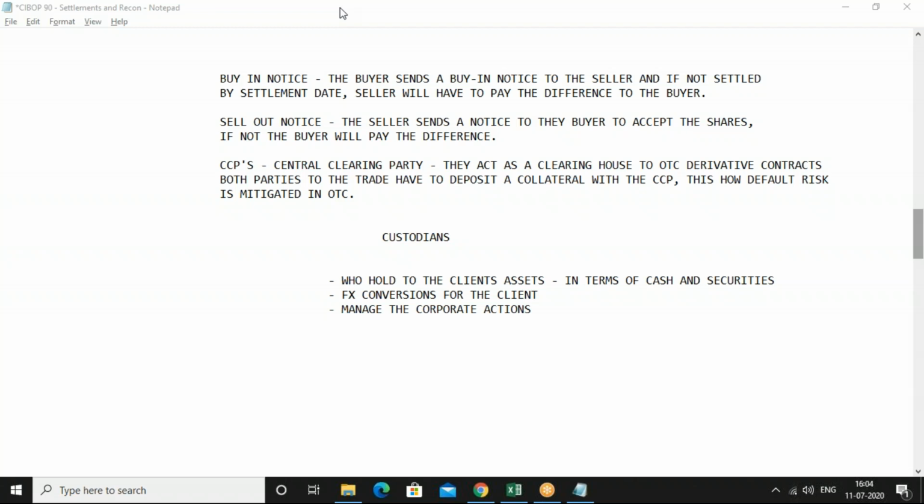What do you guys think? So, front office have 100 deals that they have done. How many should be there in middle office and how many should there be in back office? Exactly, it has to be the same.